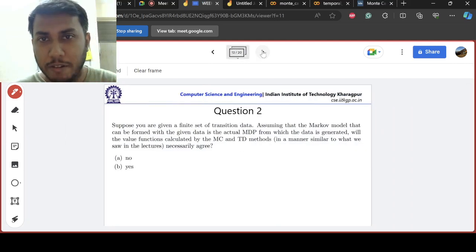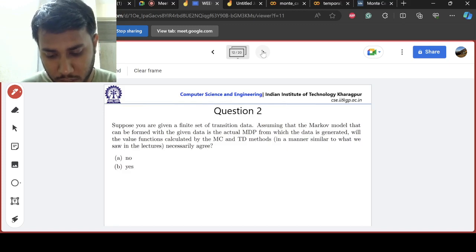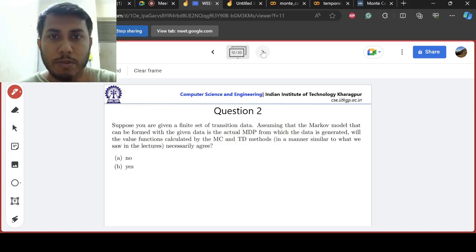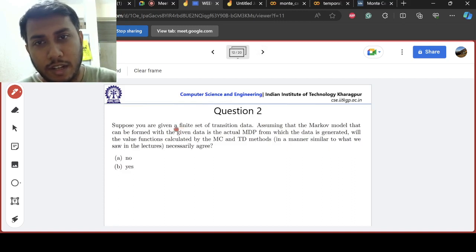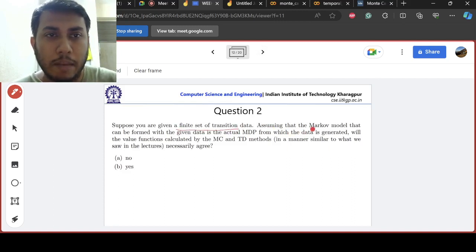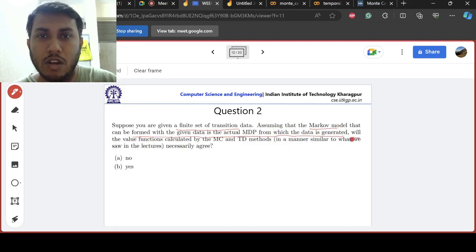Suppose you have been given a finite set of transition data. Assuming a Markov model can be formed with the given data, is the actual MDP from which the data is generated, will the value function calculated by MC and TD necessarily agree?